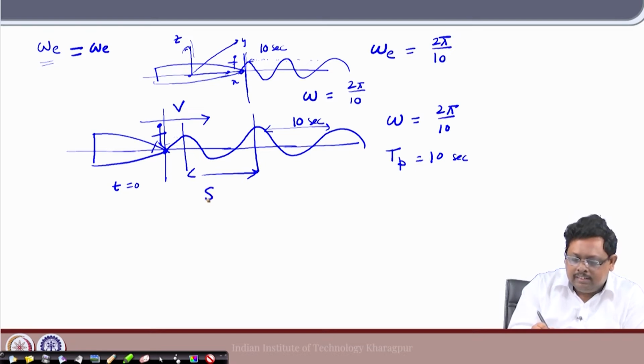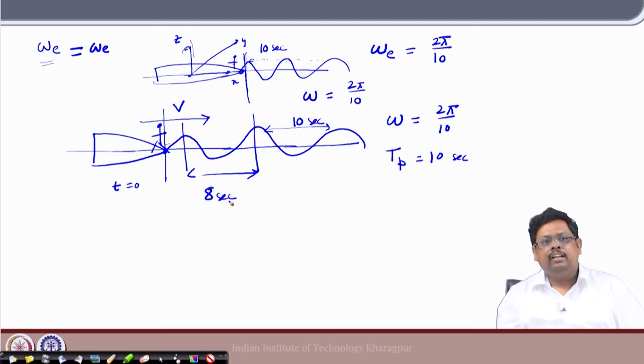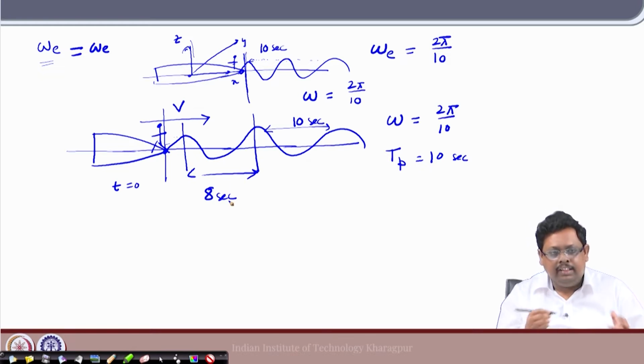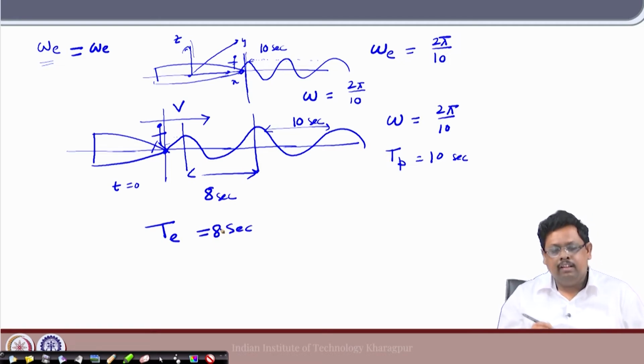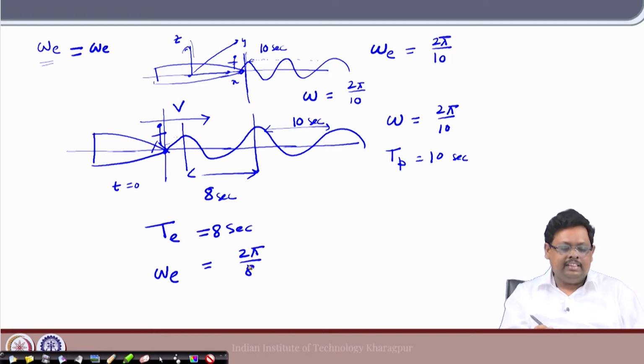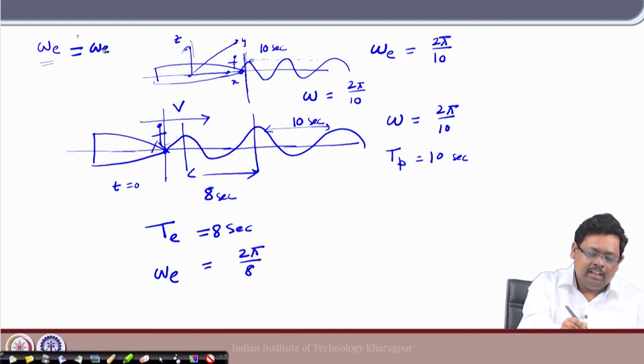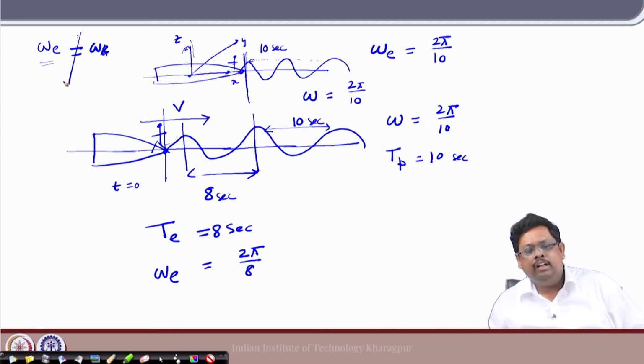It could be some 8 seconds, let us say. So, what the observer observes is that for him the time period is nothing but 8 seconds, and consequently the encounter frequency is nothing but 2 pi by 8. Now, in this case you can see that omega e is not equal to the wave frequency omega.